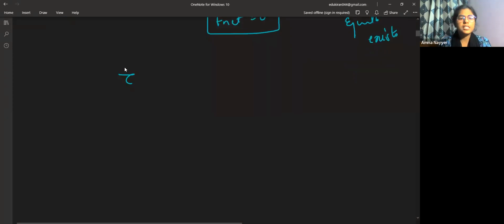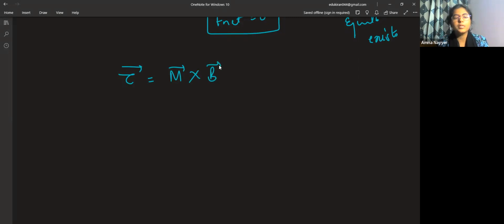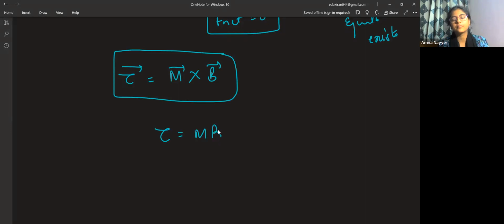For torque, just remember the formula of torque is M cross B, where M is the magnetic moment, which you have just studied. This is the formula which you have to remember for torque, M cross B. Fine. Cross product, so what should come, sine theta or cos theta? Sine theta, ma'am. Perfect.